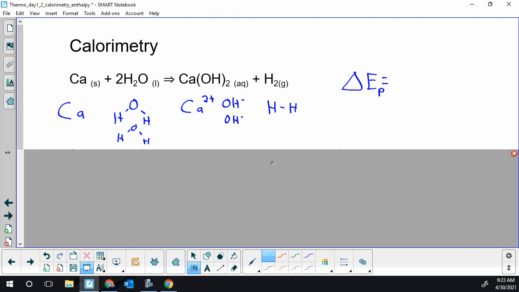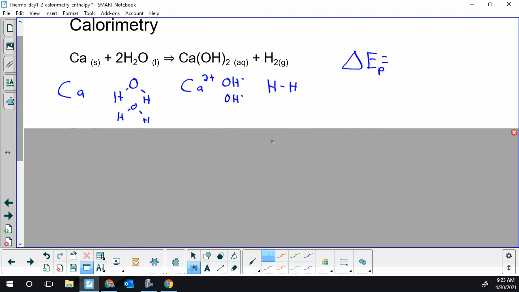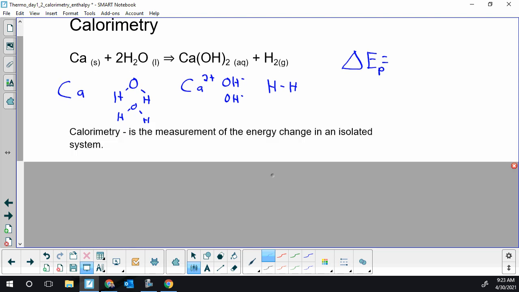If there's less energy at the end, that extra energy has to be spit out into the environment. Okay? If there's more energy in the bonds at the end, that energy has to come from somewhere, and it would have come from the chemical environment around this chemical reaction. Okay? So how we measure that change in potential energy is calorimetry.